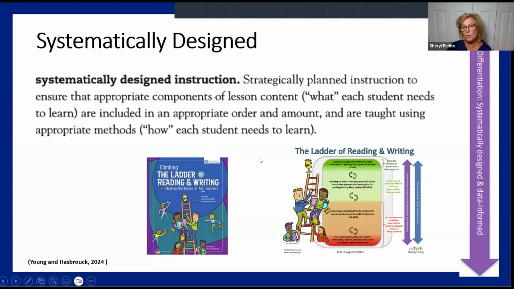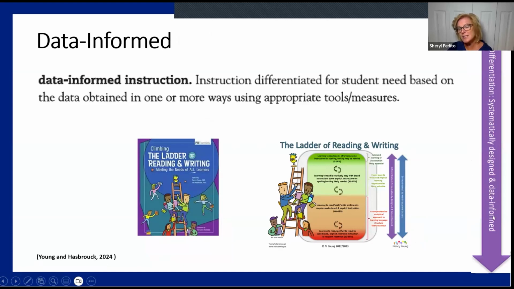So we have to know right here what the student needs. So you're into student data, right? And content. So you're marrying the two. And again, this explains it very deeply in this book that I highly recommend. The other part of this arrow is data informed, right? Dr. Jan Hasbrouck is definitely someone I've learned a lot from in terms of data informed instruction.